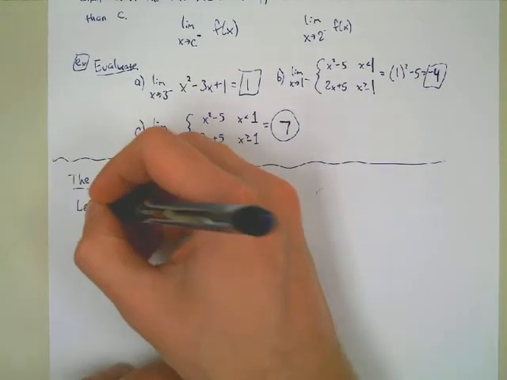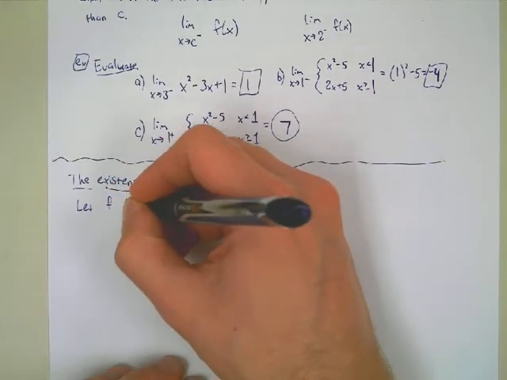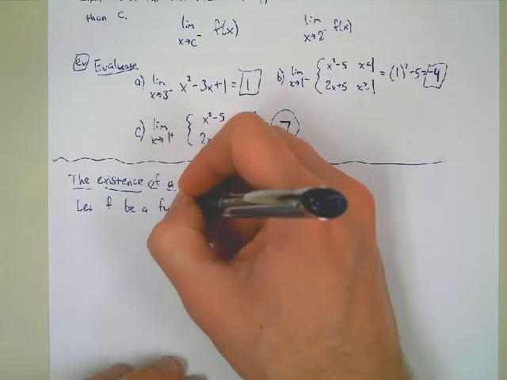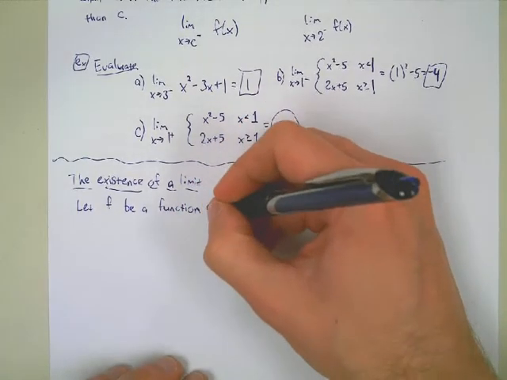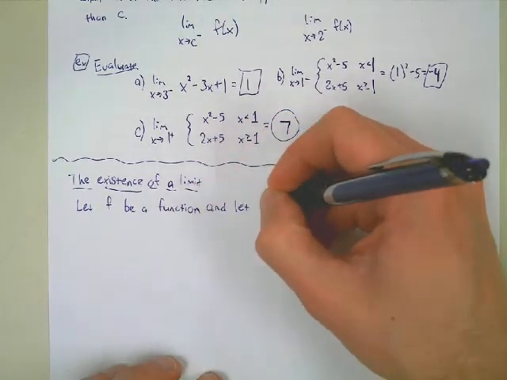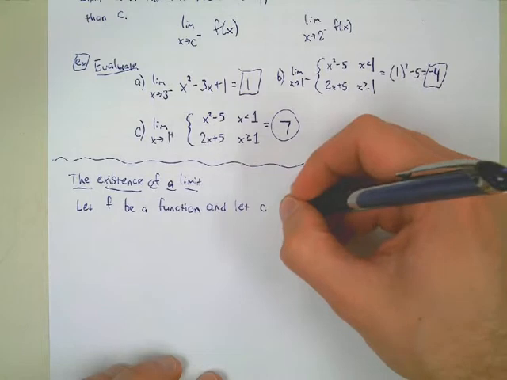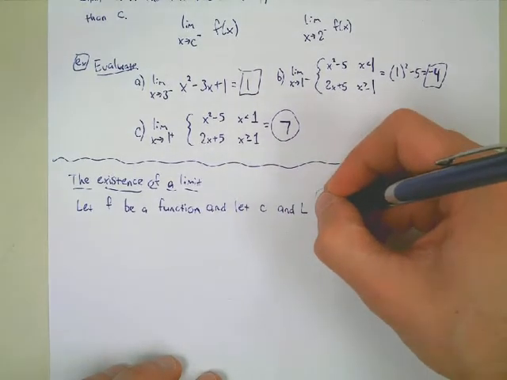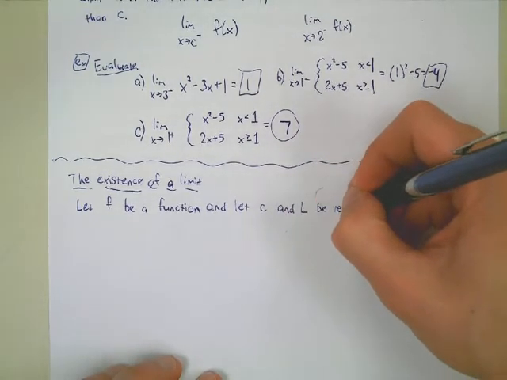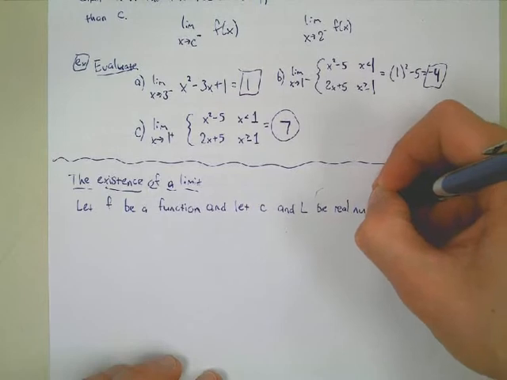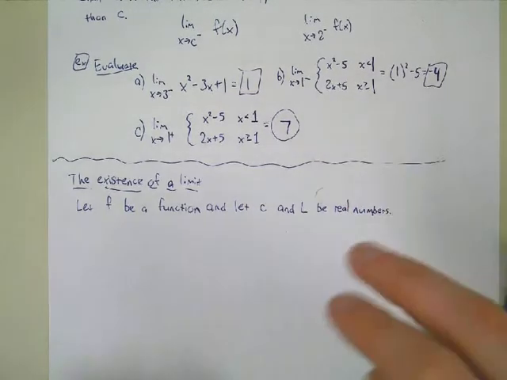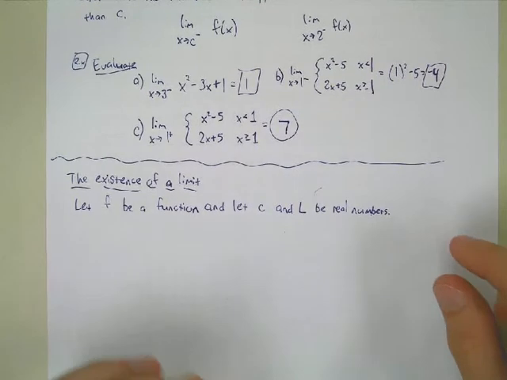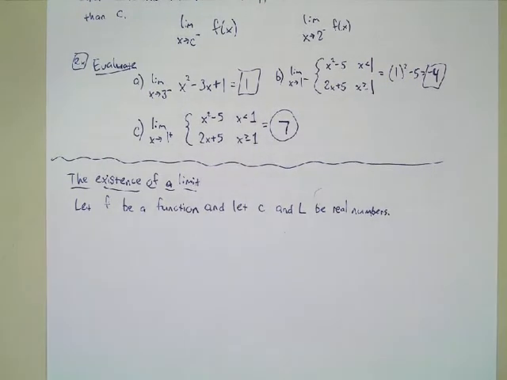Let f be a function and let c and capital L be real numbers. Again, remember, f is our generic letter that we use to represent a generic function.